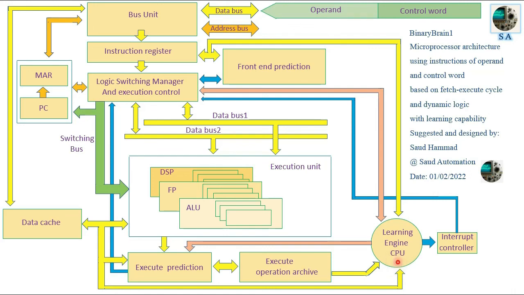The learning engine CPU will be loaded with a firmware program of computational thinking algorithms and machine learning intelligence. And this CPU knows and tracks the fetched instructions, and also the final execution results and history.